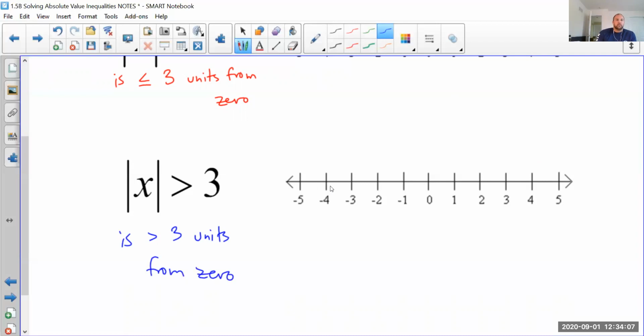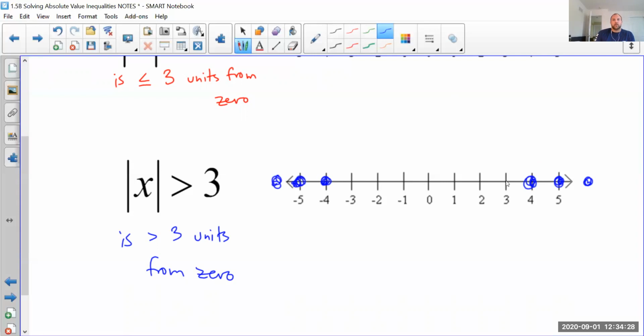Well, what that's saying is x couldn't be 3 or -3 then, because those are exactly equal to 3 units from 0. But x could be 4, x could be 5, x could be 6, x could be -4, because that's also more than 3 units from 0. X could be 5, 6, and so on.